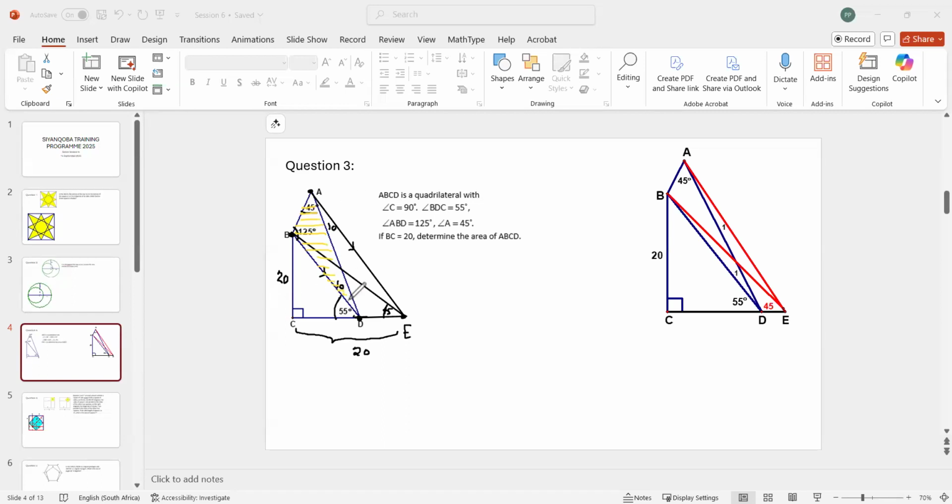Before I had all these other lines coming in, I needed to find the area of this funny looking triangle. And I said, look, you can't find the area of this triangle because it's a strange looking triangle.